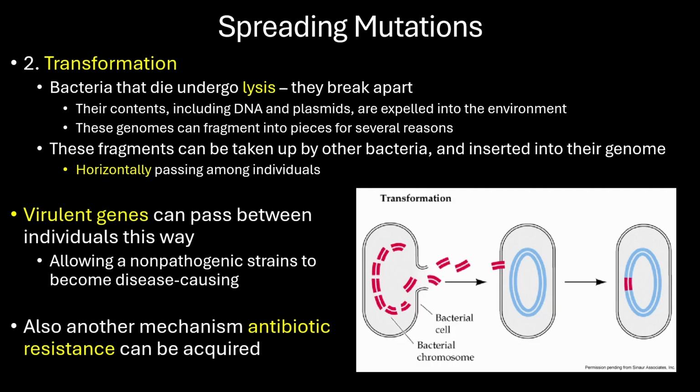This is a really effective way for bacteria to pick up different things like virulence genes, genes that help an organism cause disease. So this can actually allow a non-pathogenic strain of an organism to shift and gain the ability to cause more significant disease. This is also a mechanism that can be very effective in sharing antibiotic resistance.